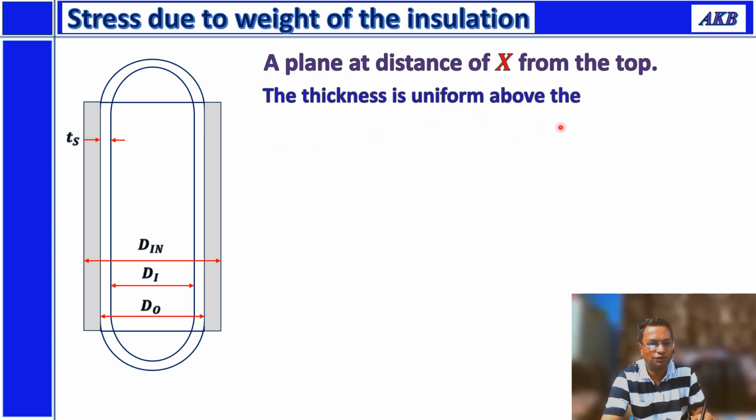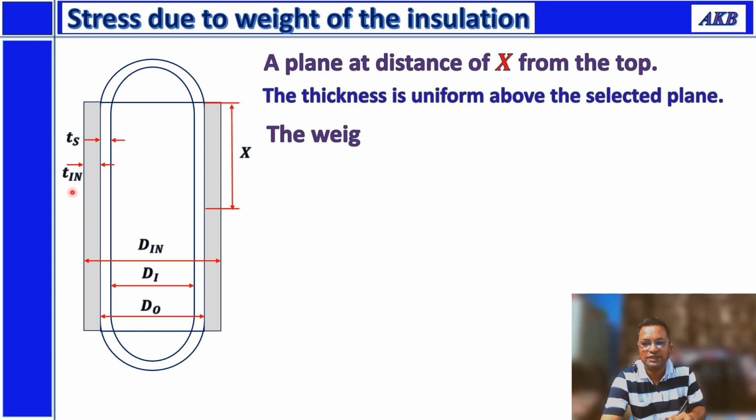The plane is selected in such a way that the thickness above that plane is uniform. Let us denote the thickness of the insulation as tin. Now we need to calculate the weight of the insulation, and this weight will be taken into consideration for calculating stress due to its weight.